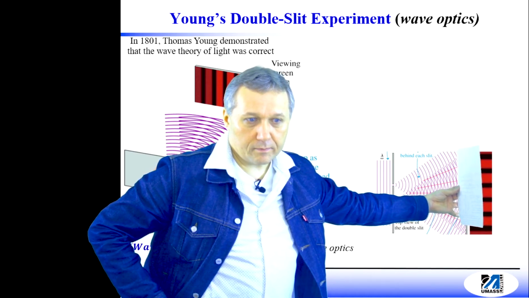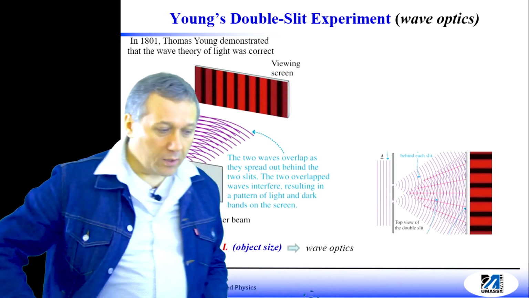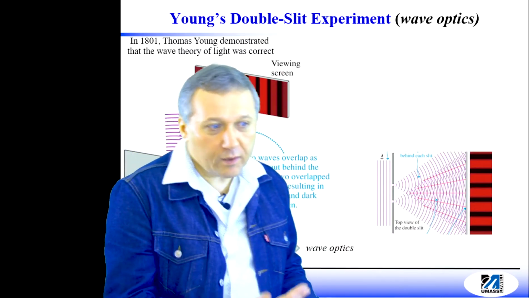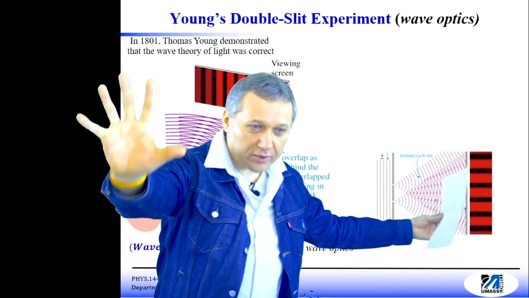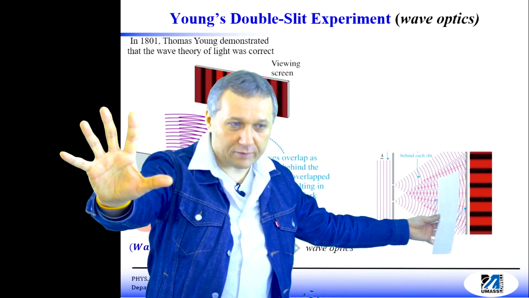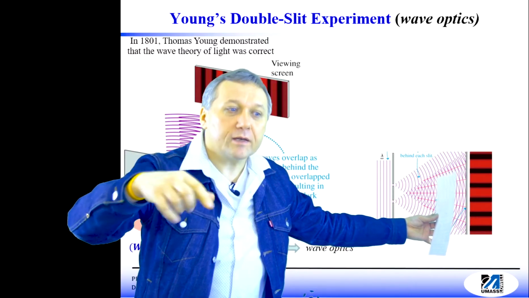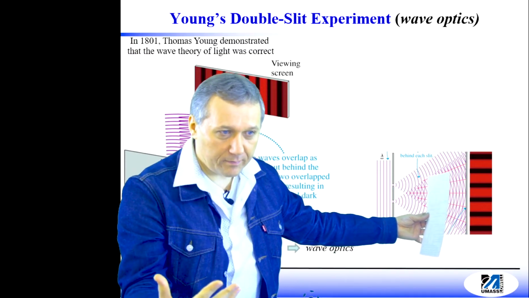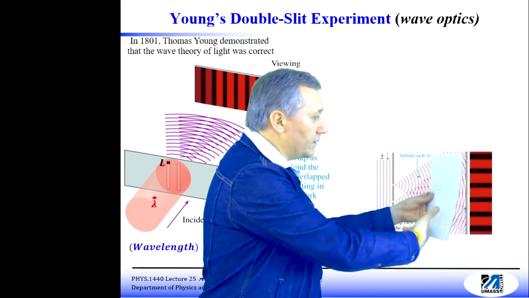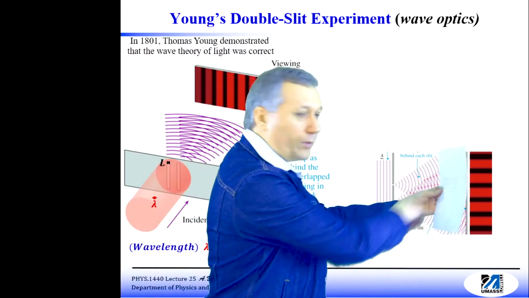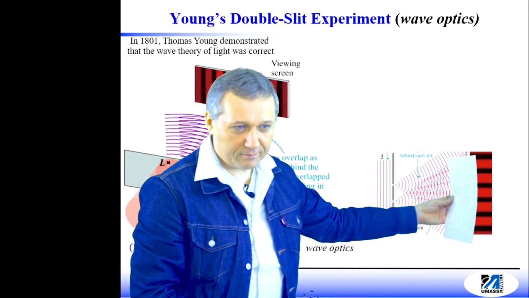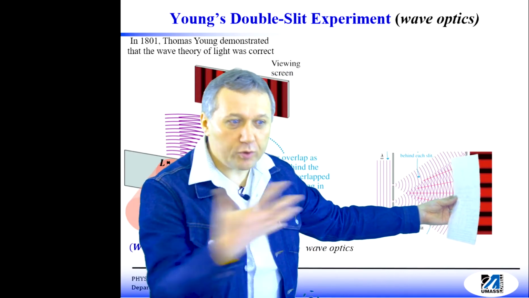All right, so what do we have to do in this class? We just need to grab those interference conditions, which we derived in the previous lecture, and readjust them so that we can predict positions of the bright spots on the screen. Again, no new physics.